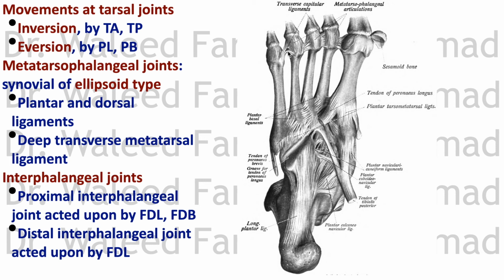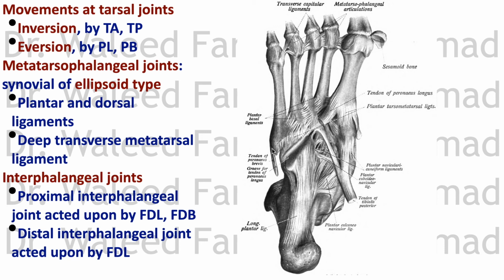See, deep transverse metatarsal ligament. The superficial transverse metatarsal ligament is in the skin, in the web between the toes. Okay, it enlarges in swimming birds, birds that swim, like ducks.